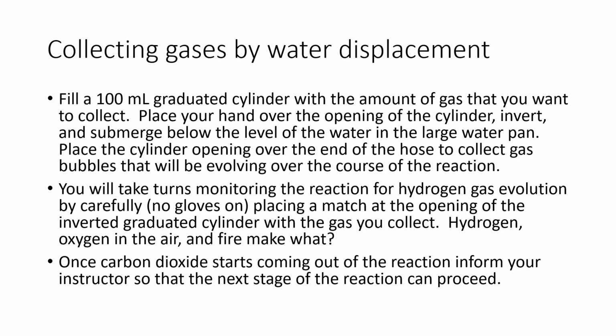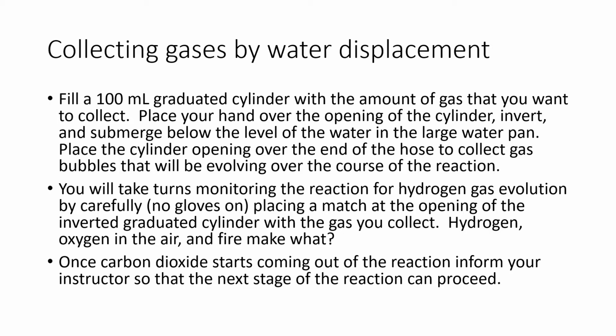So what I mean by this water displacement is, you would fill a 100 ml graduated cylinder with water, and you would place your hand over the opening of the cylinder and then turn it upside down, and then submerge the opening into the water. When you let go of your palm, the water should stay at the level. And this is how we can check for the amount of gas that is produced.